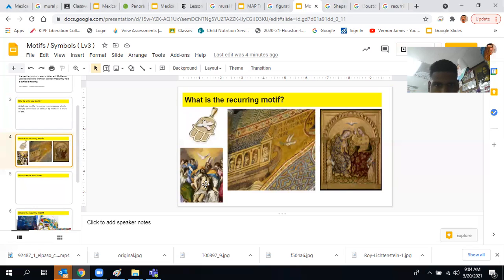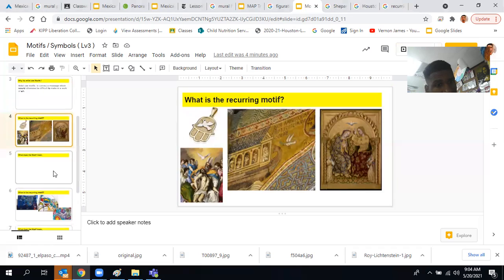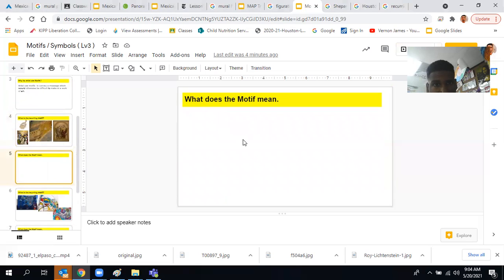Don't worry about that. This one's from like the Renaissance. You've probably heard that. And this is current. Somebody just made that. But if you can guess what that motif is, place that here. We're also going to talk about what the meaning is, and you can place that here too.